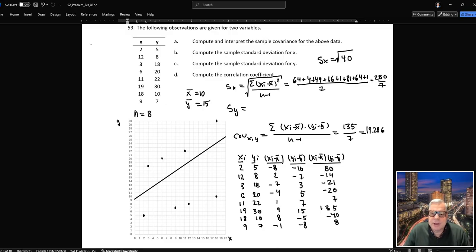So here we have now in the numerator 100 plus 49 plus 9 plus 25 plus 49 plus 225 plus 25 plus 64.